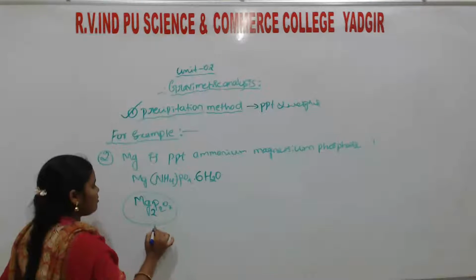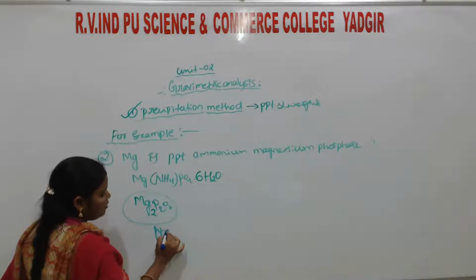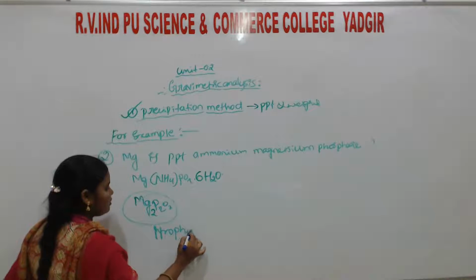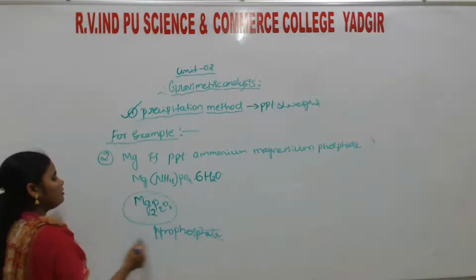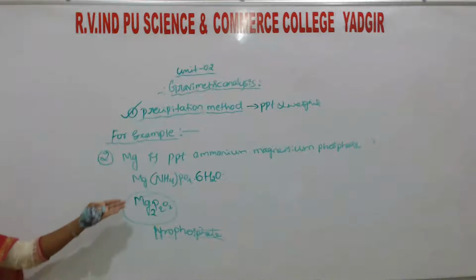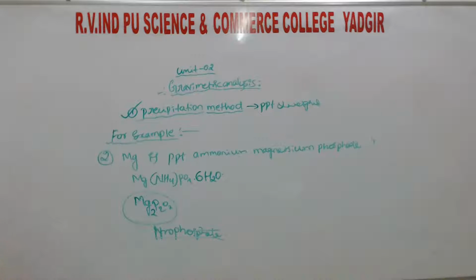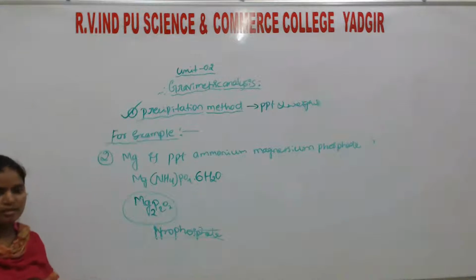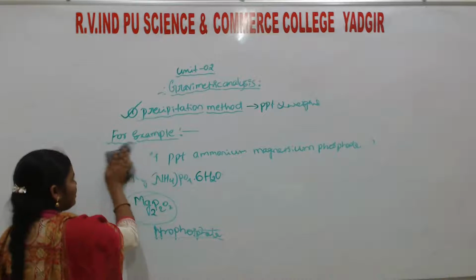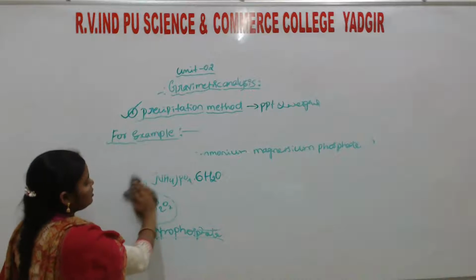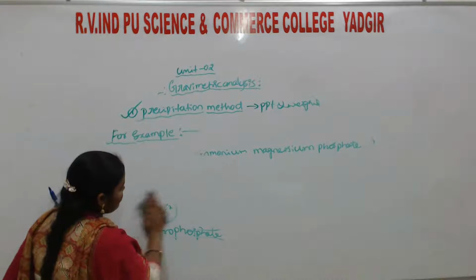The water molecules are removed, and finally you get the precipitate or residue, the pyrophosphate, which you weigh. This is the second example in the precipitation method.